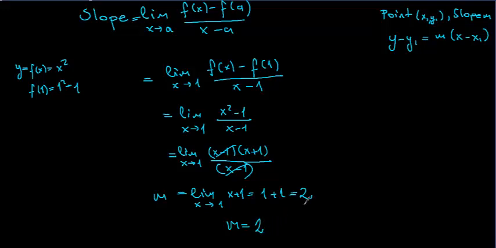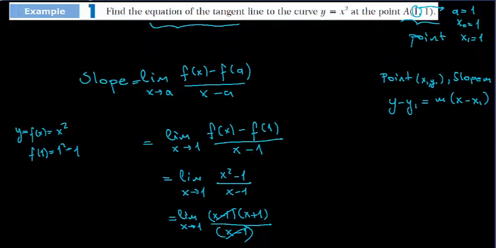Then with respect to this, I'm going to find the equation of the line. For finding the equation of the line, I'm going to use this formula. And here x1 is equal to 1, I said, and y1 is equal to 1. Here this is the y1 also.